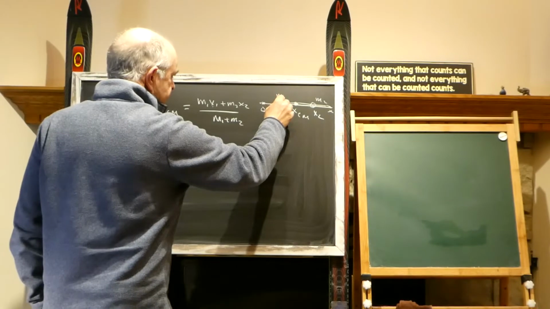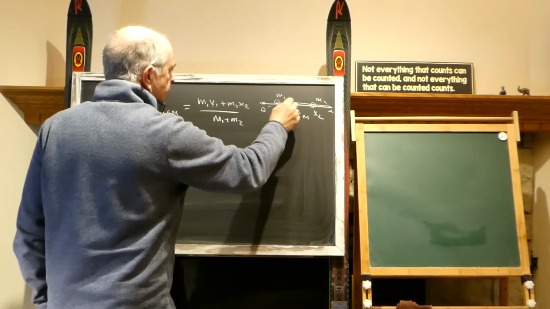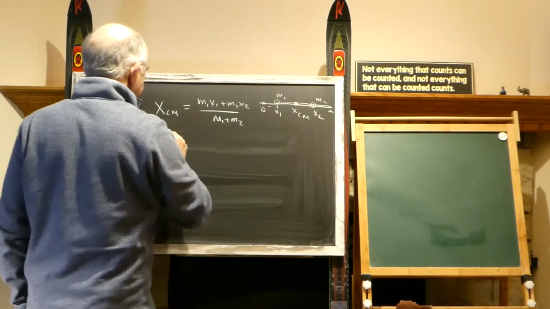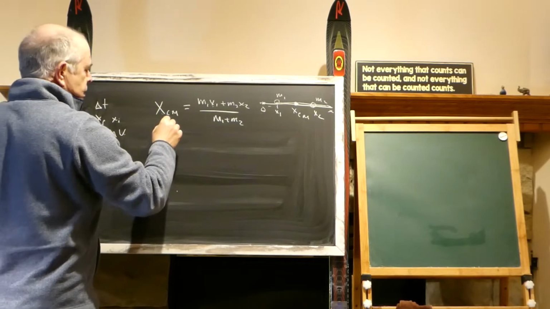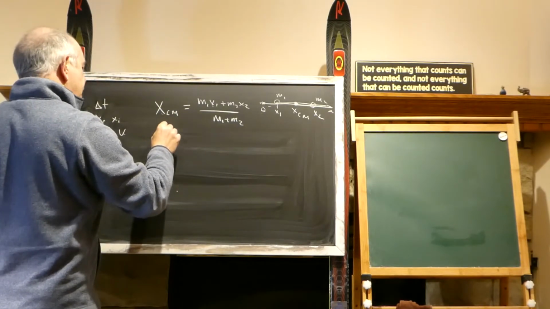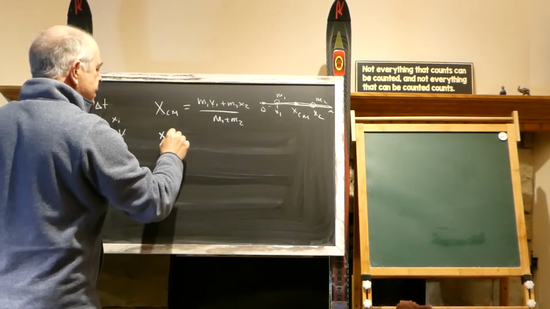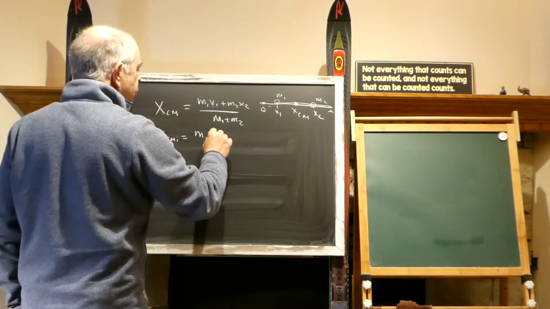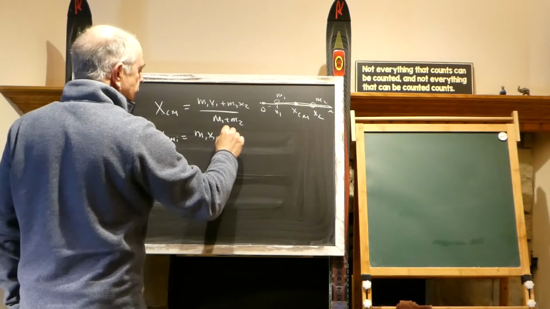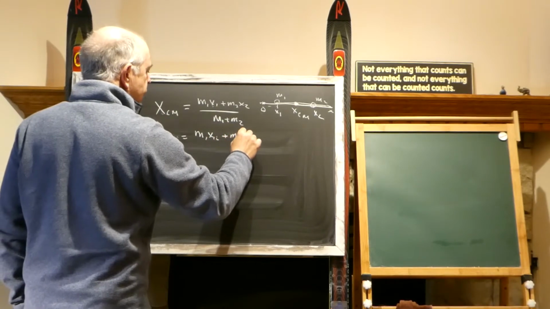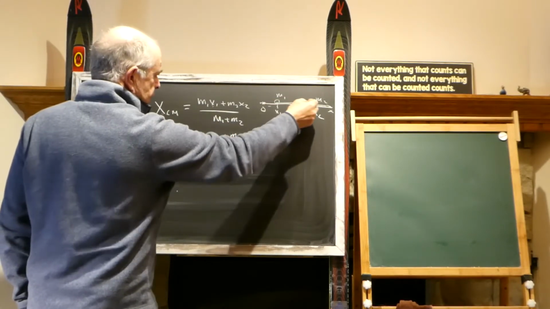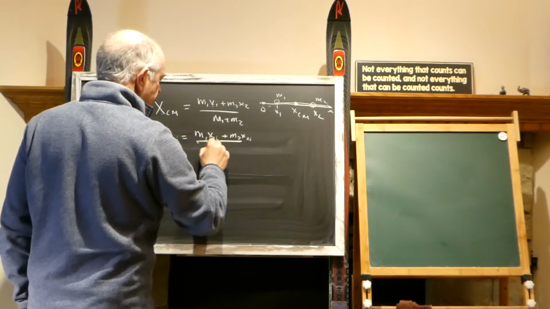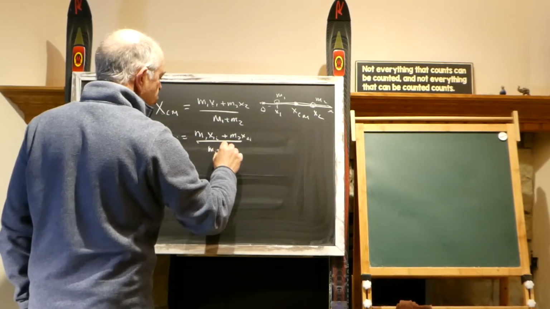So next moment something will happen and all of this will move. So we can say that x center of mass initial equals m1 x1 initial plus m2 x2 initial, divided over m1 plus m2.